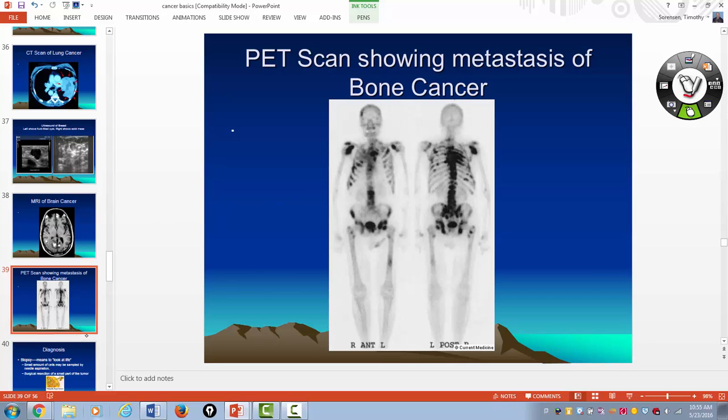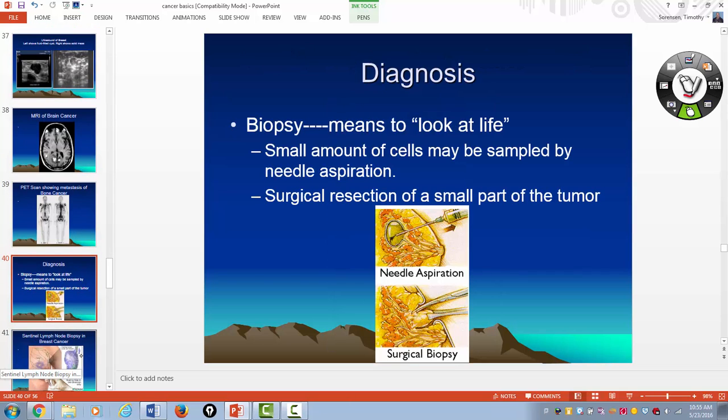Now, the other thing, and the most definitive test again, is the biopsy. Basically, biopsy, look at life. So what they will do is they will find the tumor, and they will remove part of that tumor, and then they will look underneath the microscope to identify, if they can, the cell type.